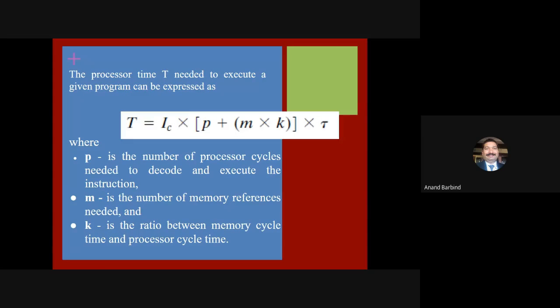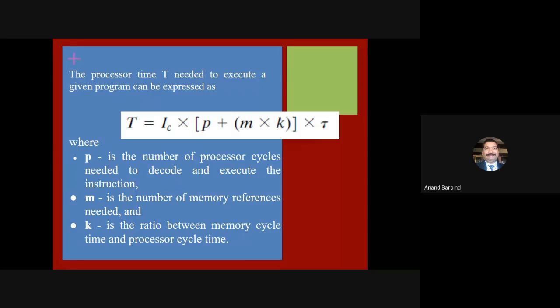Then the time required for execution of a particular program can be computed like this. Of course, the time required for execution of the program and CPI are more or less similar parameters. The time required for execution of the program can be calculated with the help of this formula.